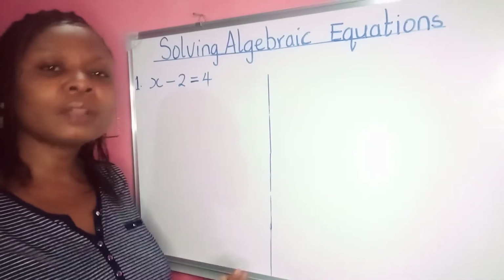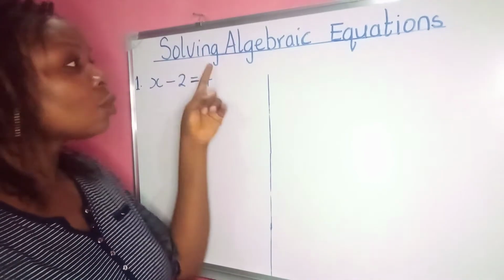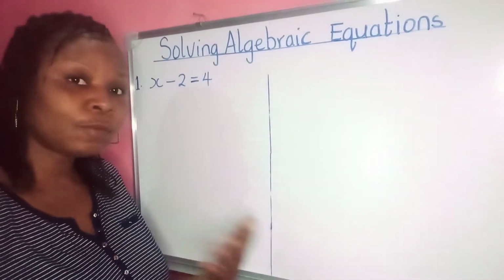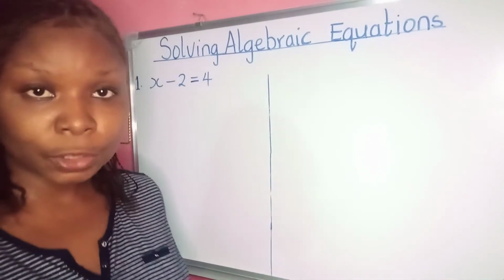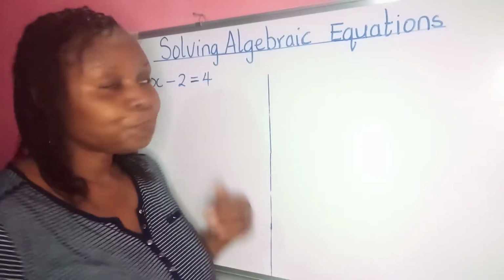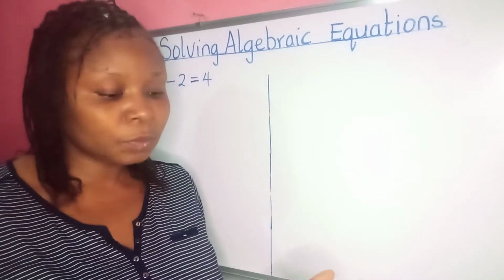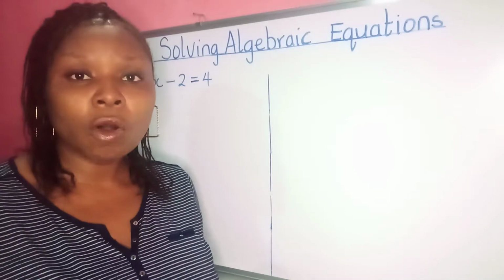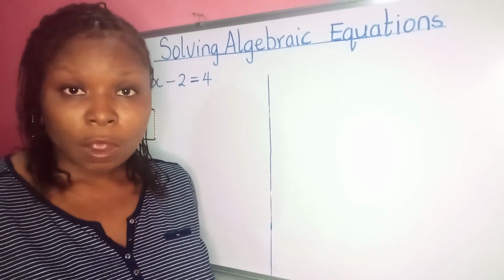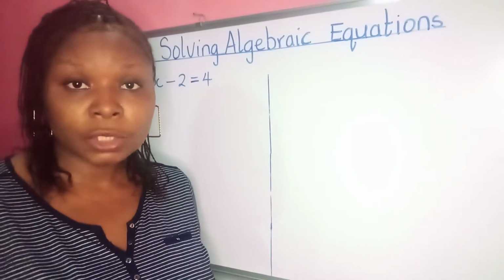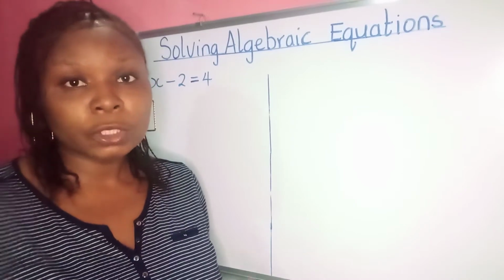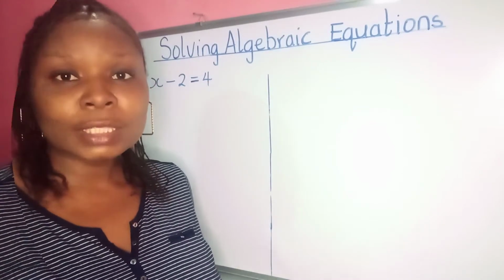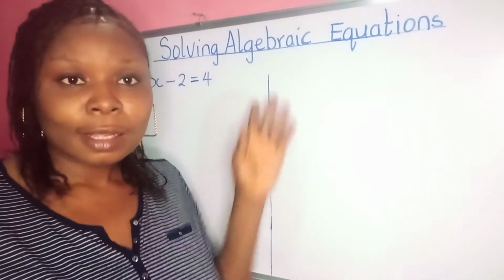But because we're dealing with solving algebraic equations, we have to follow the method of solving the equation. Before I continue, I like to explain that addition is the opposite of subtraction, and multiplication is the opposite of division. We'll be using that a lot in this topic.